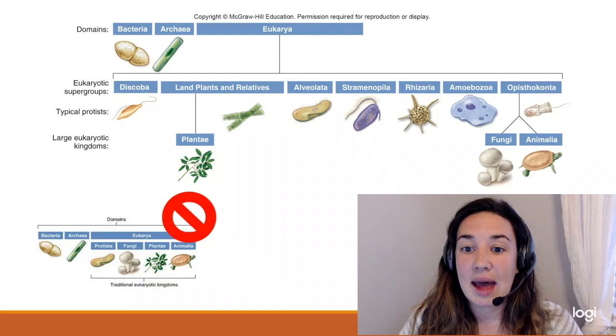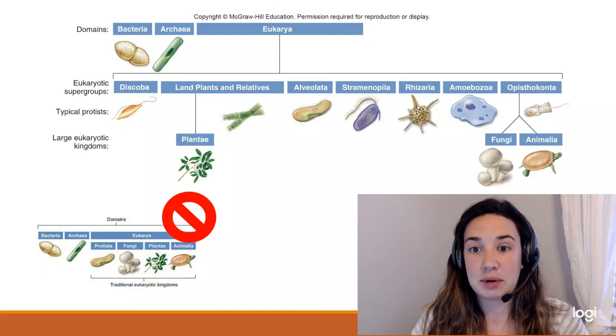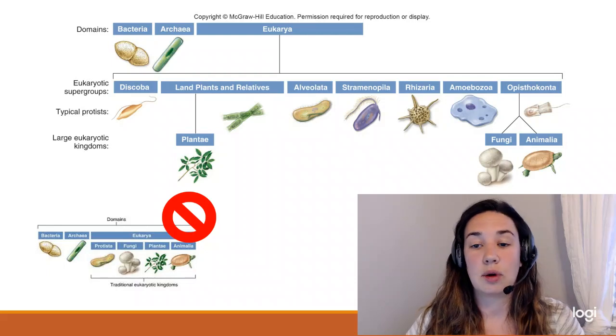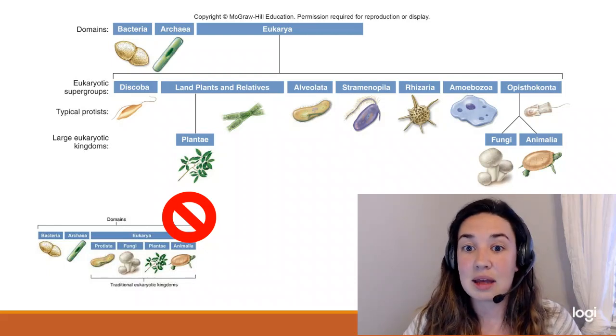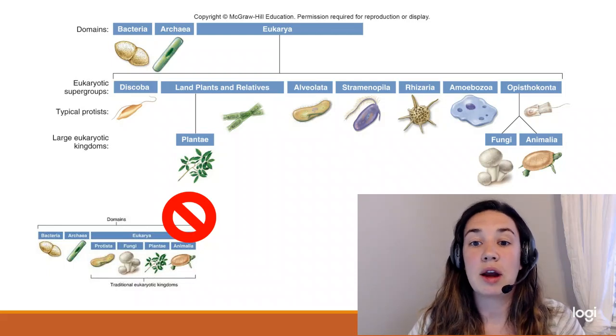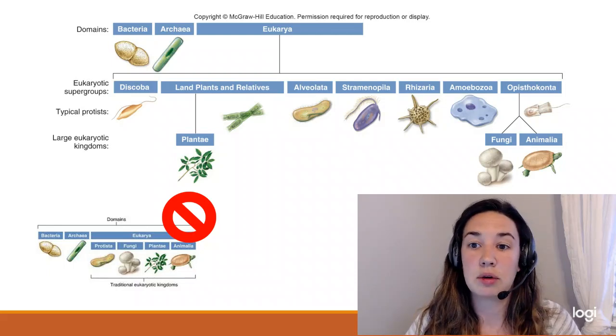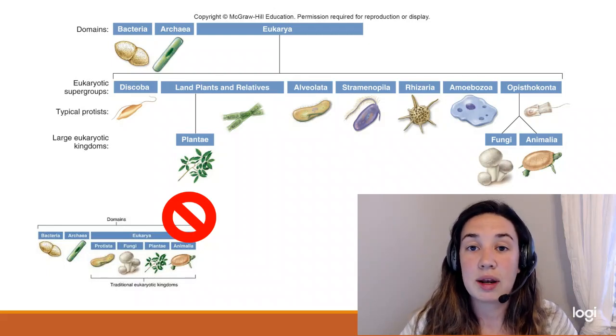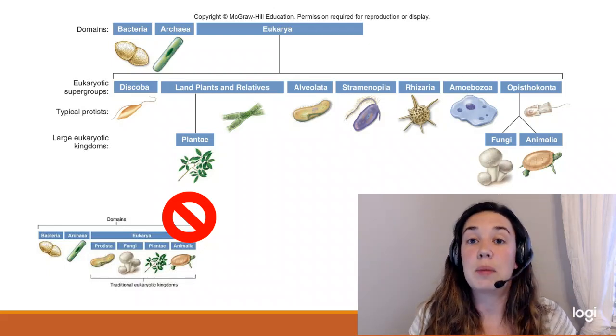Okay, in the past, remember we talked about the three domains, bacteria, archaea, and eukarya. But in the past, there have been eukaryotic subgroups. Under the eukarya domain, scientists had organized these subgroups.